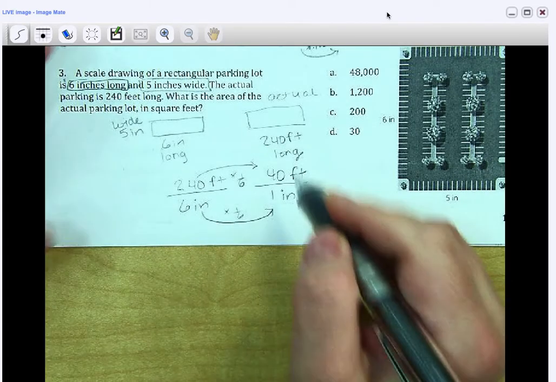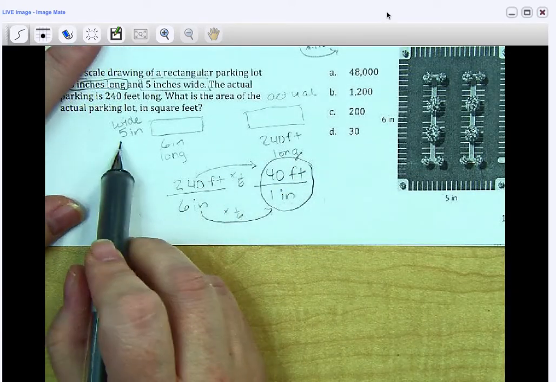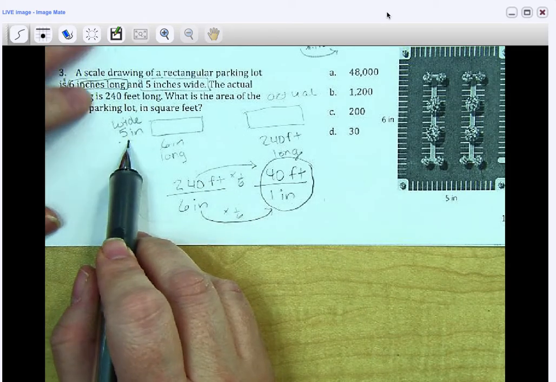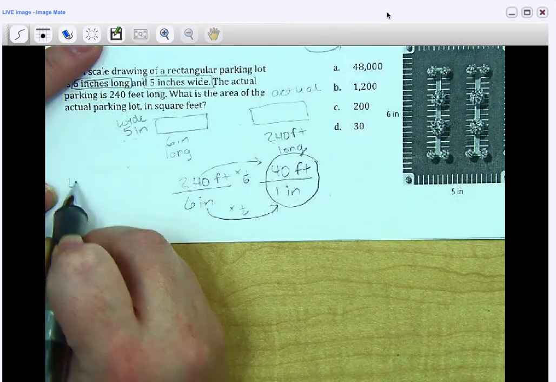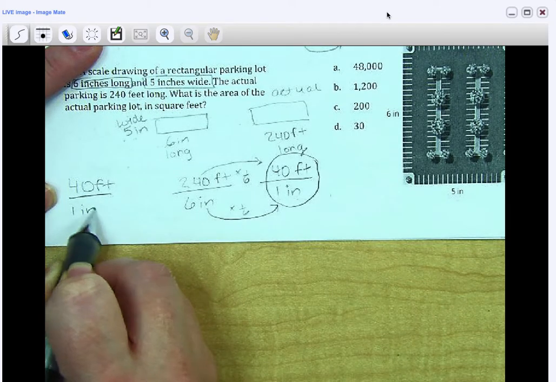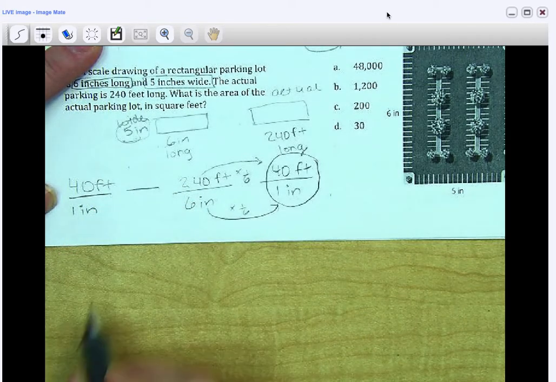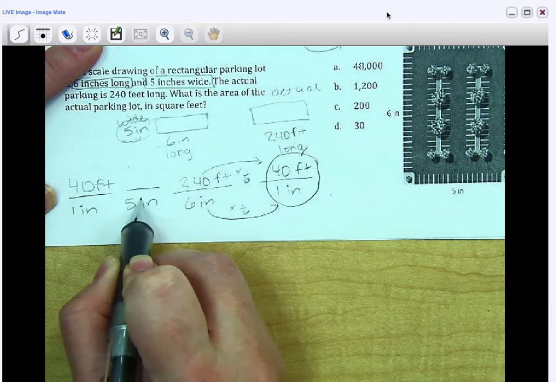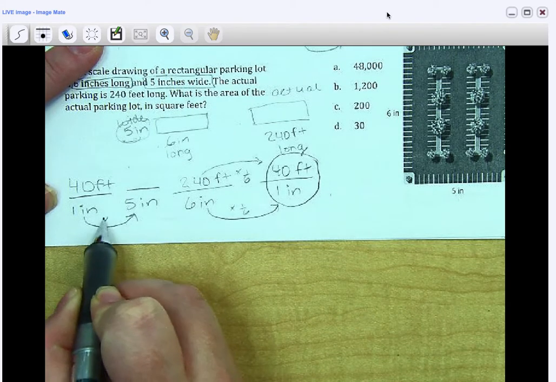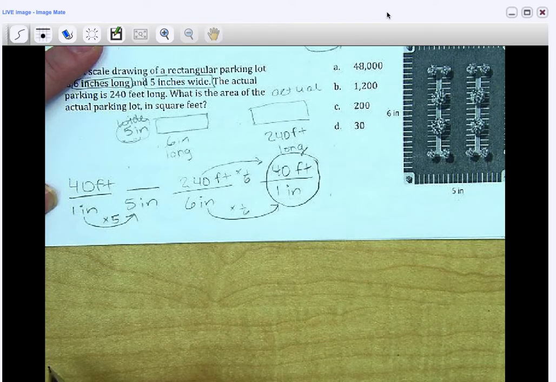So now that we have it in 1 inch format, we can figure out what the actual width is based on the 5 inches. So let's take our 40 feet over 1 inch that we just found, and let's set it up next to the 5 inches that we need to know for the width. So that means to get from 1 to 5, we're going to multiply by 5, because 1 times 5 is 5.